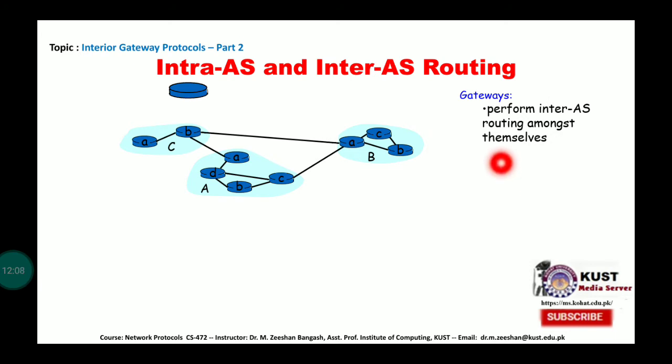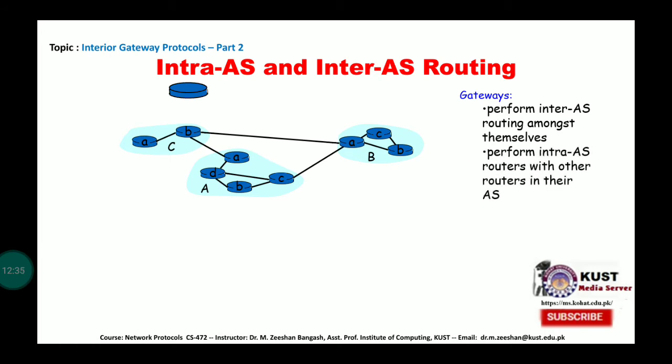They perform the inter-autonomous system routing among themselves. So we can say that A, C, and D are the gateway routers. They are given the role of performing routing among the different autonomous systems.